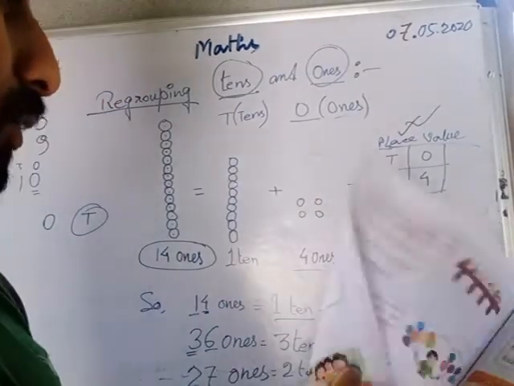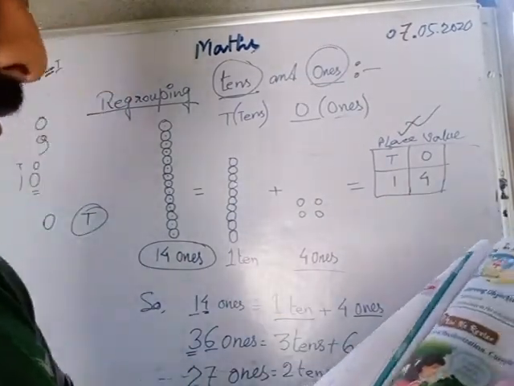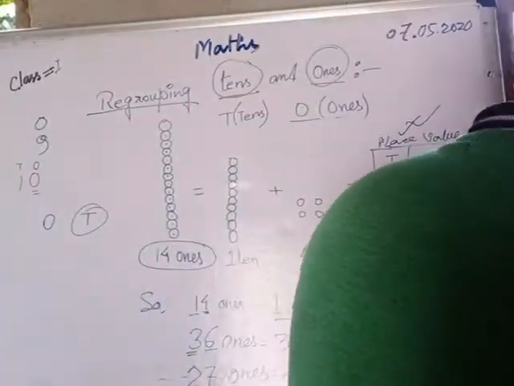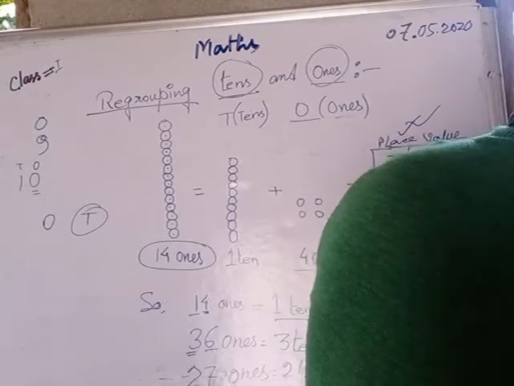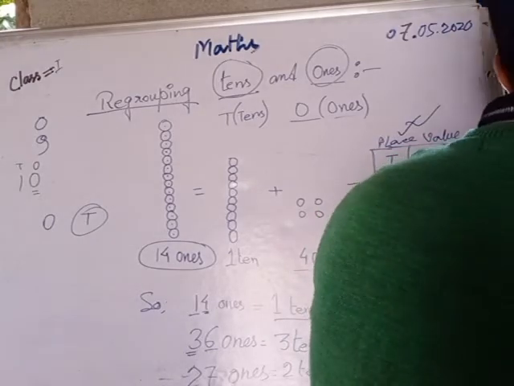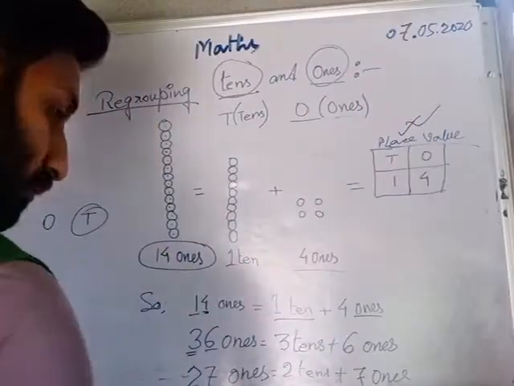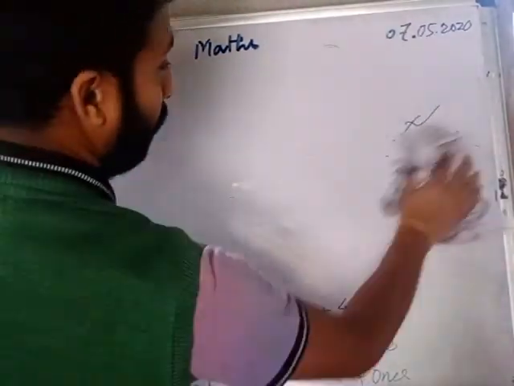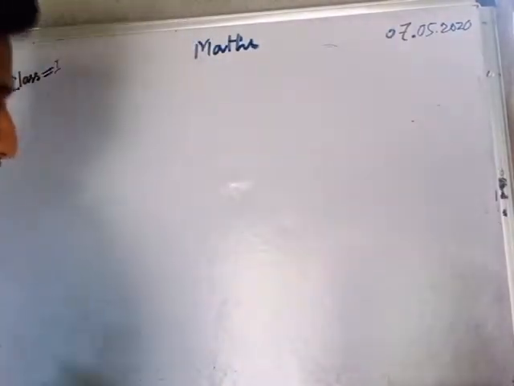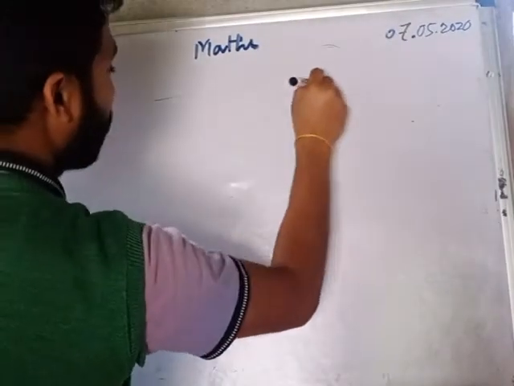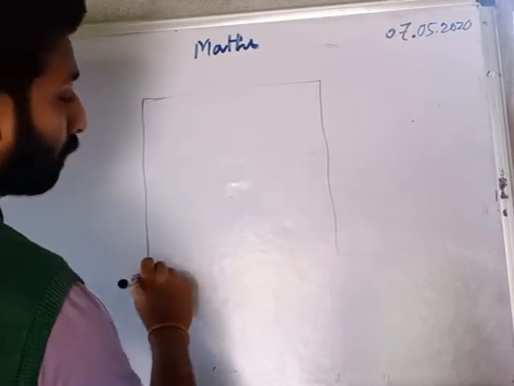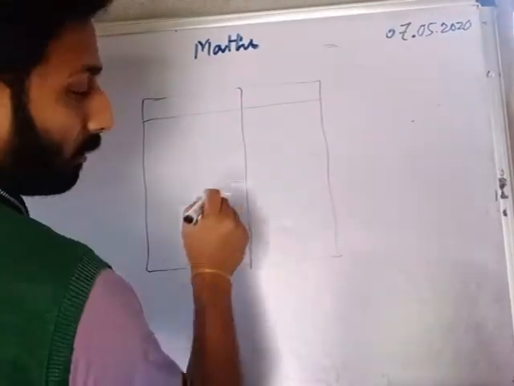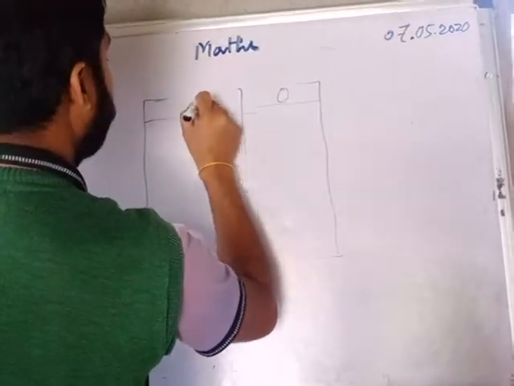After that, we should go to the next topic, subtraction. Subtraction with a place value. We put the number in a place value. We should subtract.